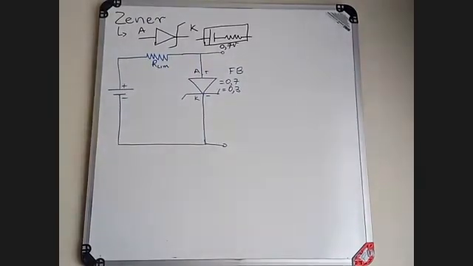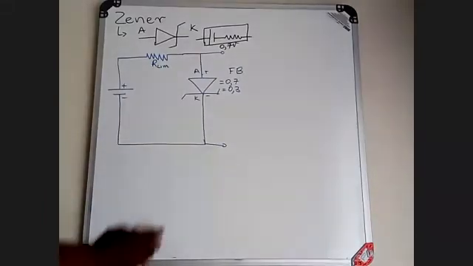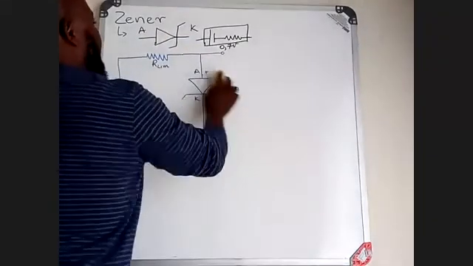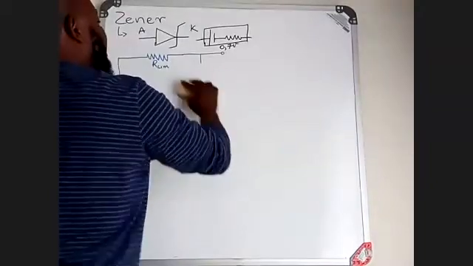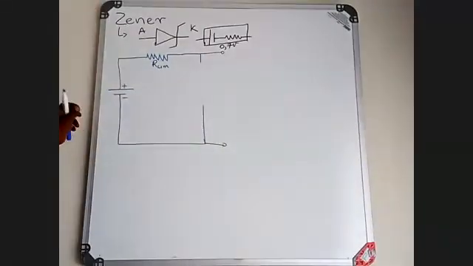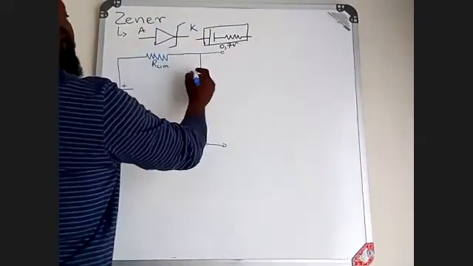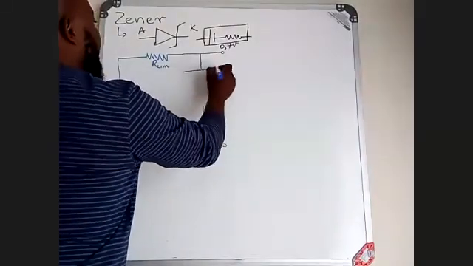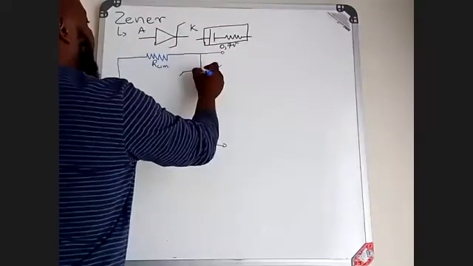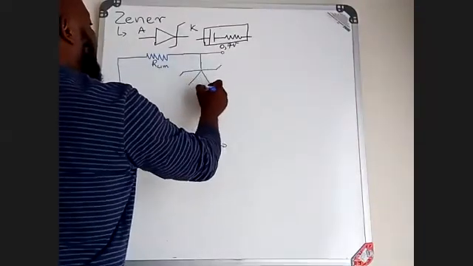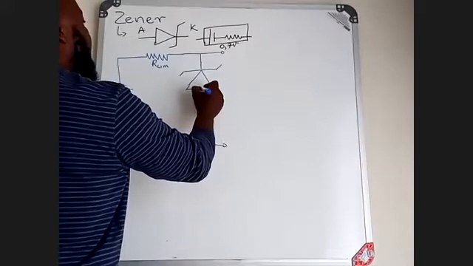But now, with the Zener diode in an electrical circuit, it needs to be connected in this manner so that it can regulate according to what you are looking for. The negative must be connected to the positive, and the positive must be connected to the negative.